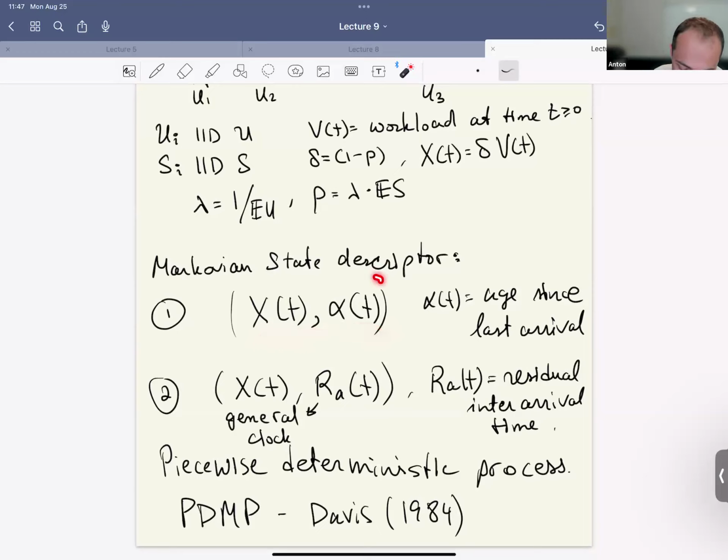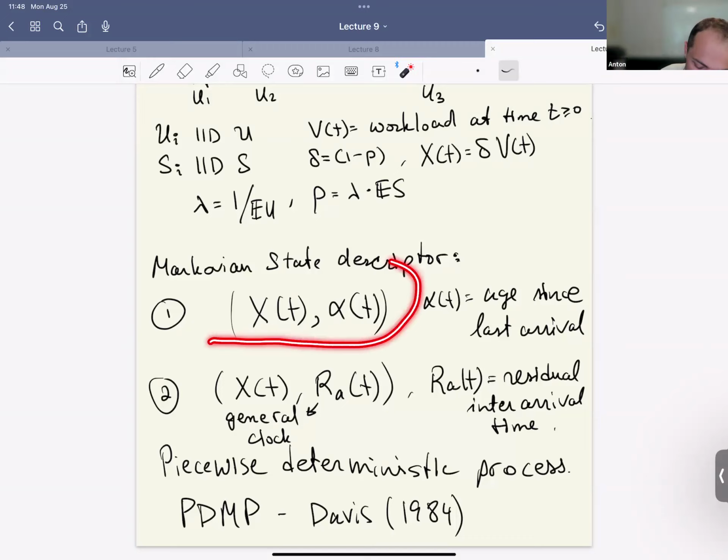descriptor, then what you're basically doing, and this is the way that Davis initially did it in 1984, is you're tracking how long it's been since the last arrival, and you're using the hazard rate of the inter-arrival distribution, quite literally in the sense of: what is the probability of us surviving an extra instant of time given we've survived this long already.